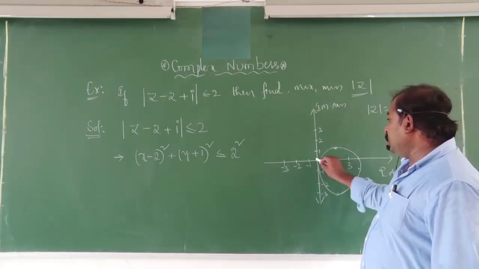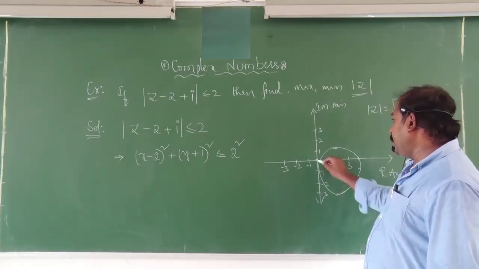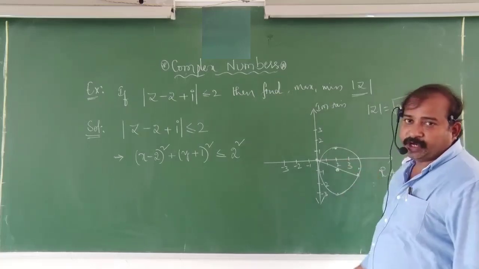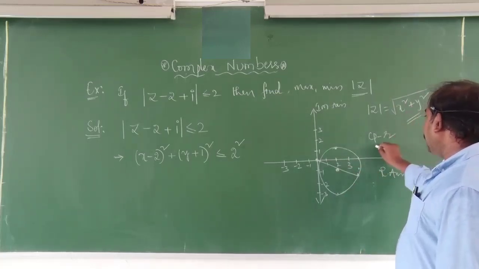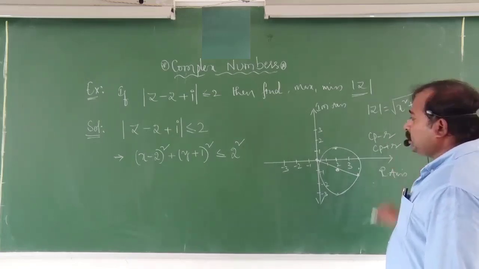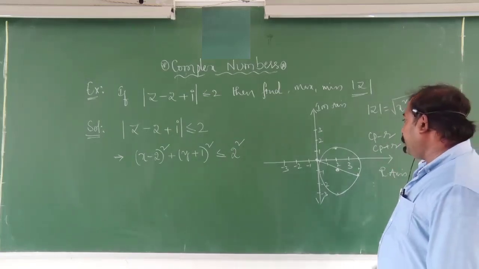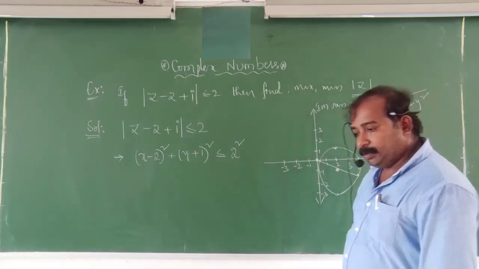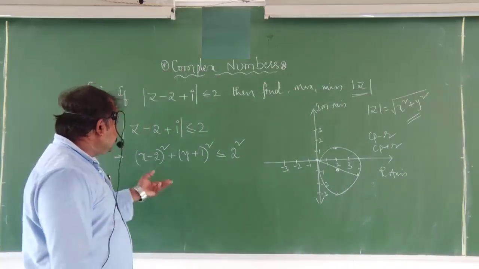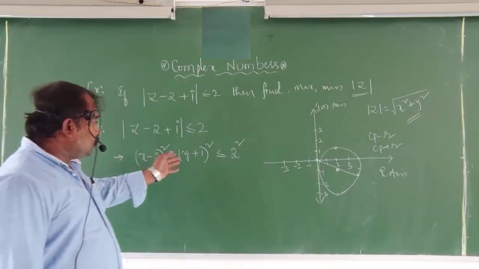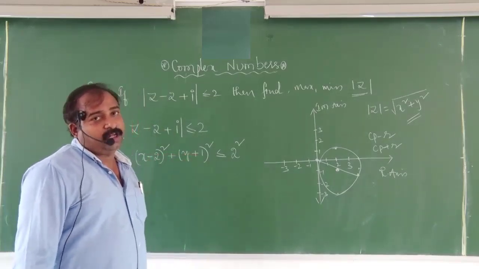That means from the origin, what is the minimum distance point and what is the maximum distance point? The concept we can use is CP minus r and CP plus r. From the origin, what is the minimum and maximum distance to the circular disc x minus 2 whole square plus y plus 1 whole square less than or equal to 4? That is the bit they gave.